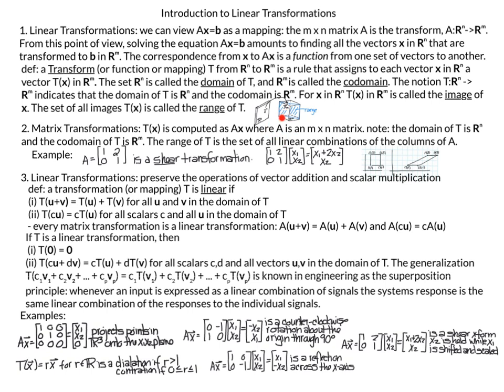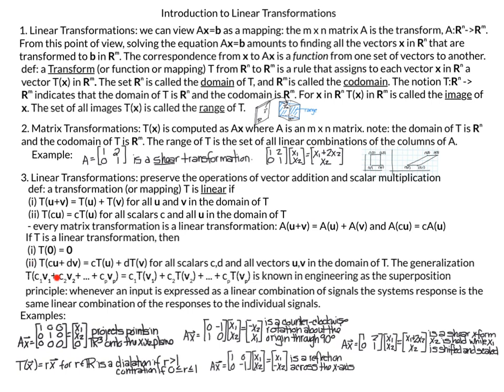If a transformation can be represented by a matrix A, then it is linear. We saw this when we talked about matrices in an earlier video: A of u plus v is equal to Au plus Av, and A of cu is equal to c times Au. We'll also look at this later in this video.